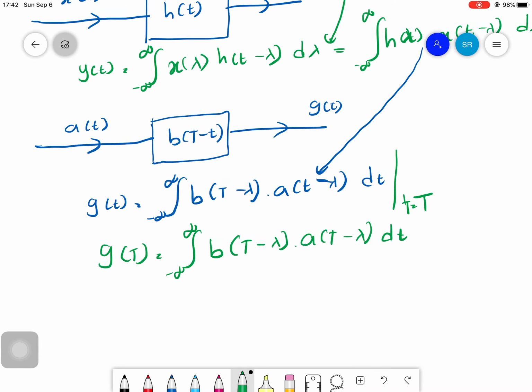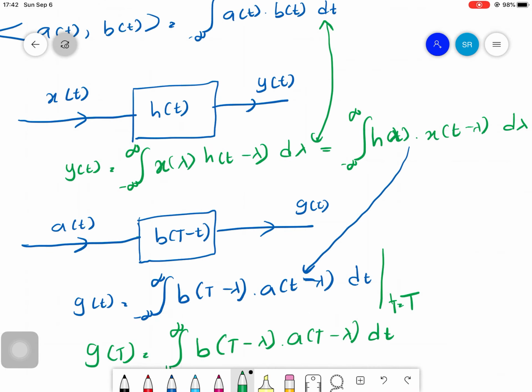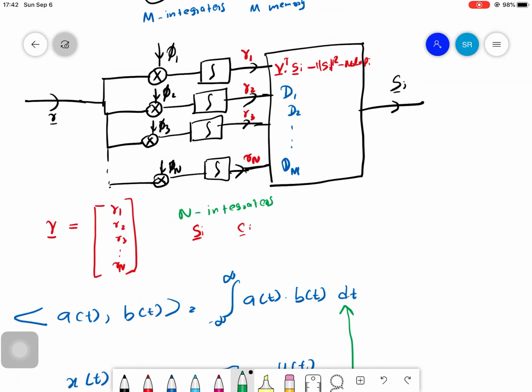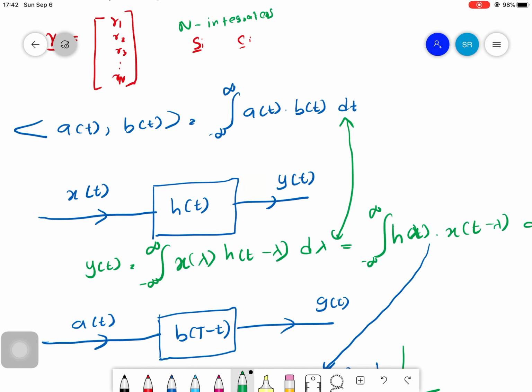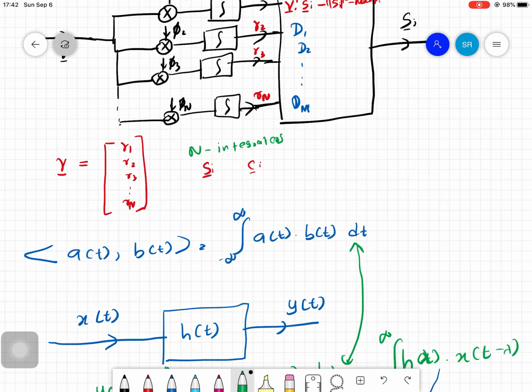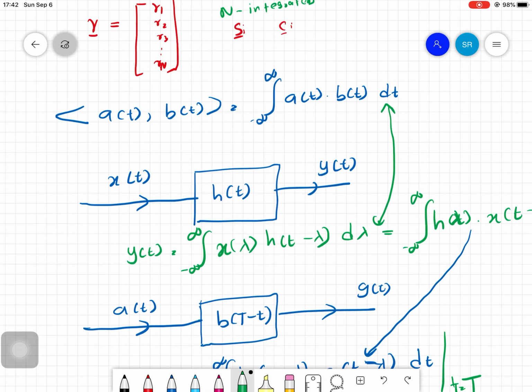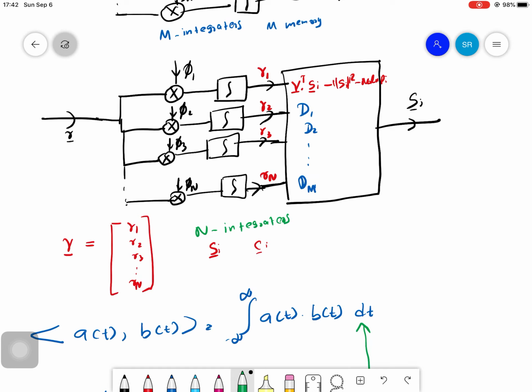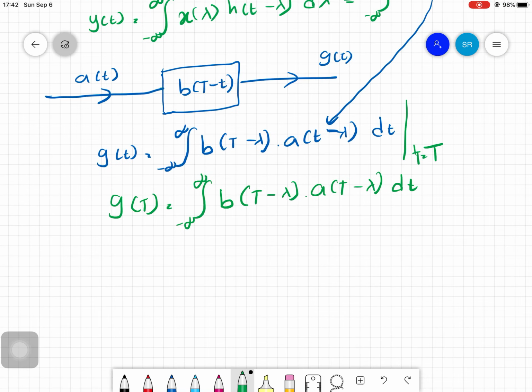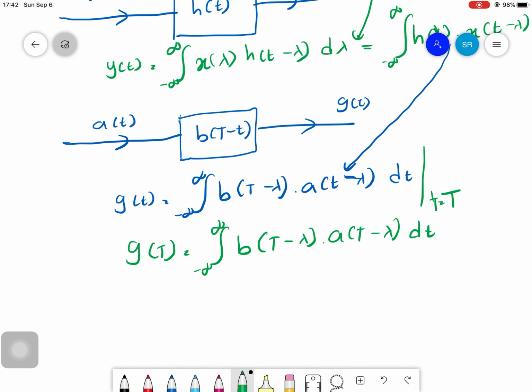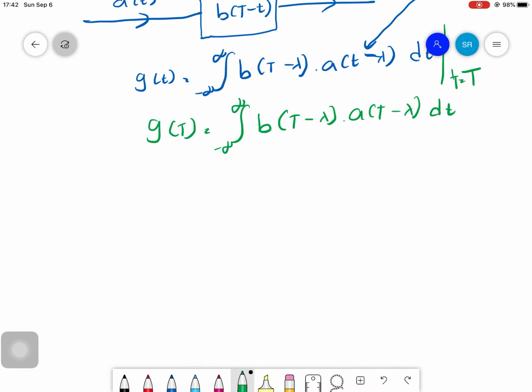This result has two main uses. The first thing is, using this idea we can replace each of these integrators with a linear time invariant system in our previous approaches. The second thing is this.